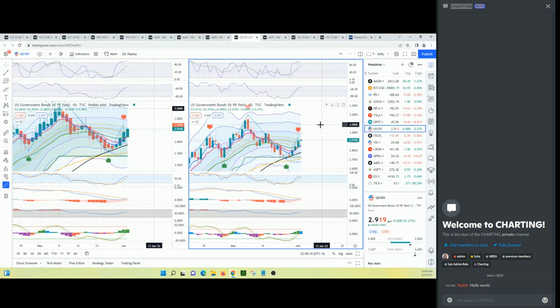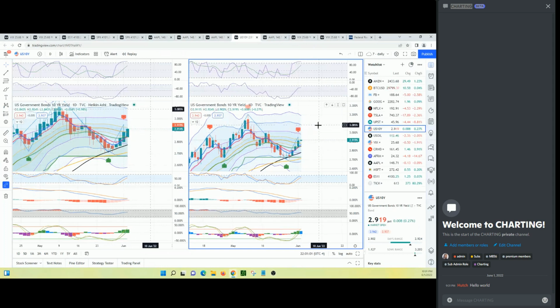So into the FOMC, it has to do that. We go higher with the US 10-year, and probably post FOMC it will start to come back in. If this pushes up into 3, this number might push into 3.19 or something. I don't see it going beyond that as of now.